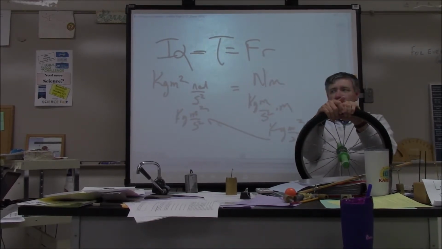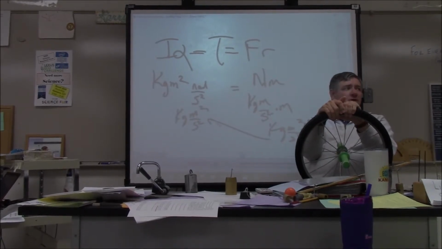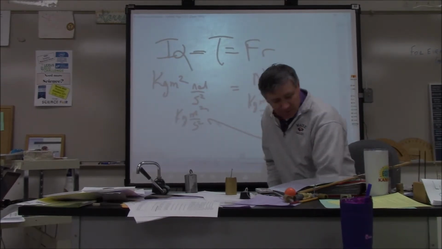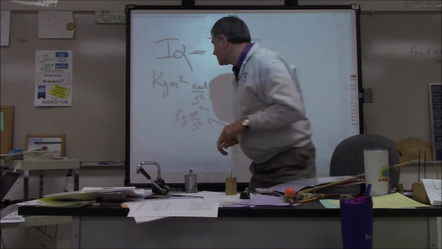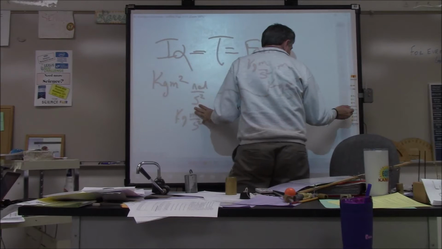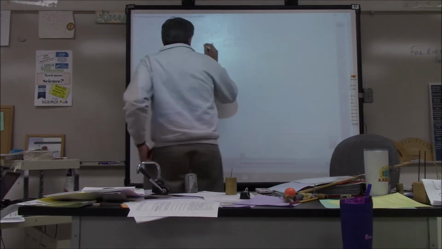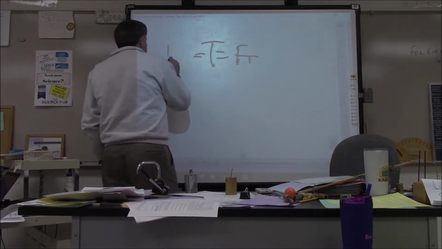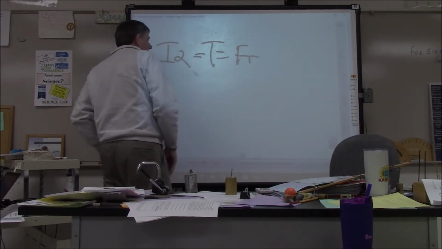Like the same thing with the door yesterday. Radius is bigger. Same idea: your torque is bigger, because torque equals two things. It equals force times radius, and it equals I alpha, right?